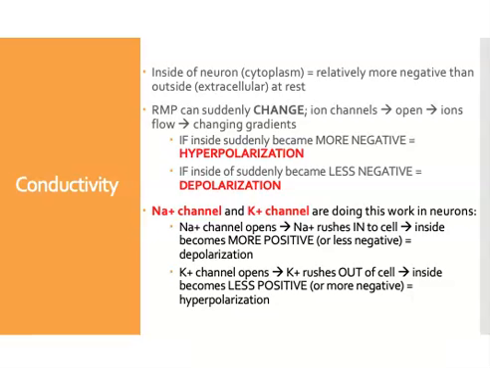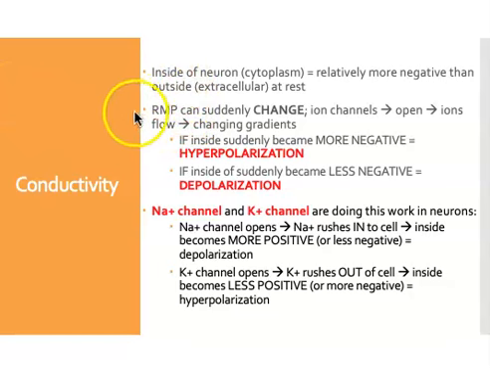And by opening and closing those sodium and potassium channels in sequence along the length of the membrane, the neuron can generate electrical current. So let's think about some of the states that can be generated inside a neuron other than resting membrane potential.